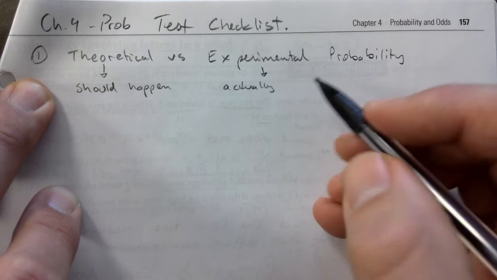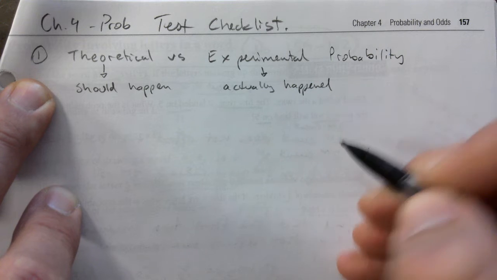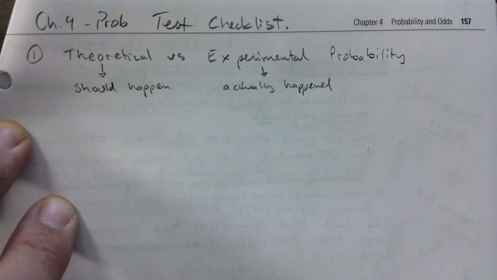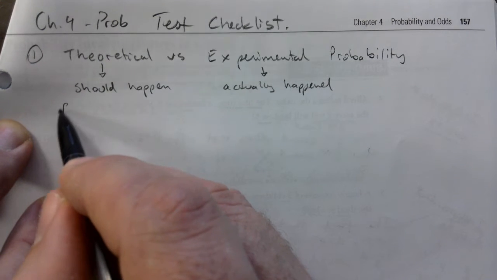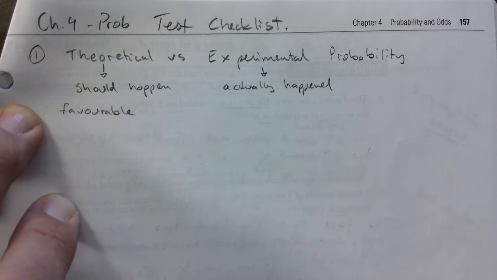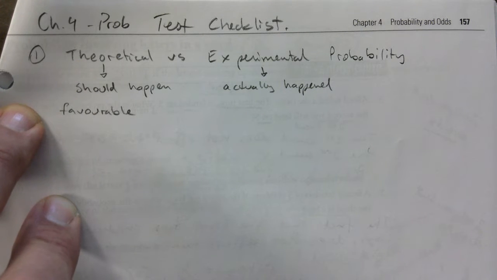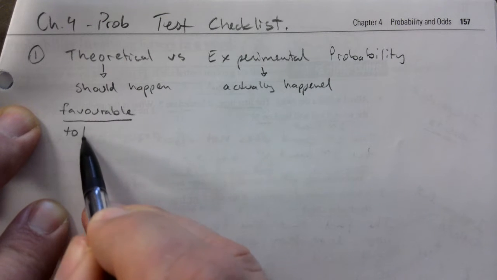But I'm going to take it a step further. I'm going to say that this one is favorable. So favorable is what I'm after, like I want the blue, or I'm looking for rain tomorrow or not rain, right? That's the favorable outcome you're after over total possible.